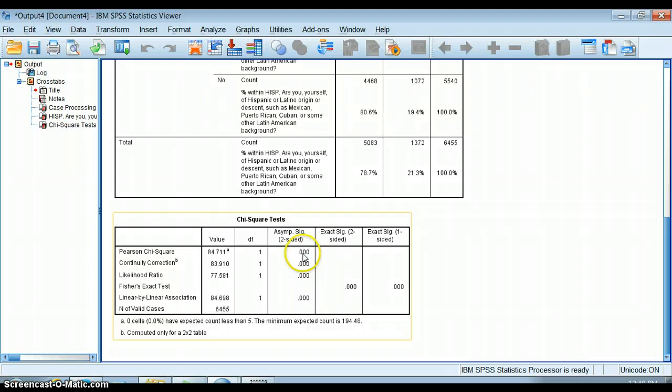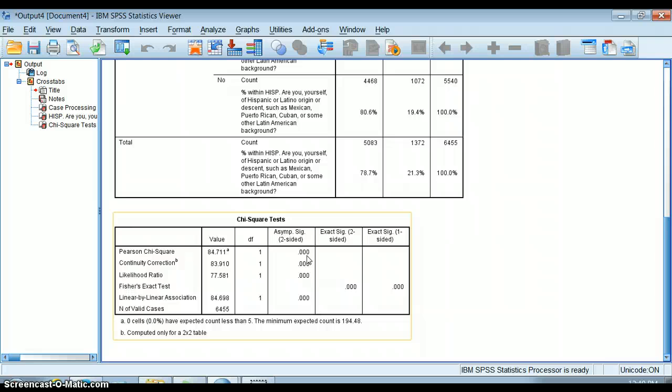And then this is what tells us whether or not it's significant. Right? So what this 0.000 is saying is that there's less than a 0.001 chance that you would be wrong if you said this was significant.